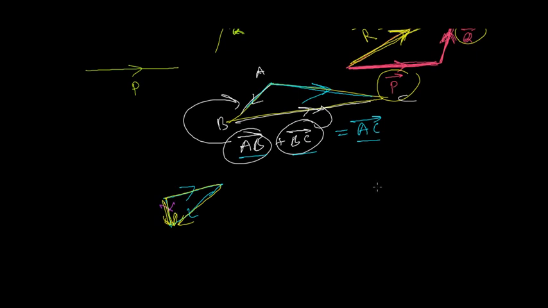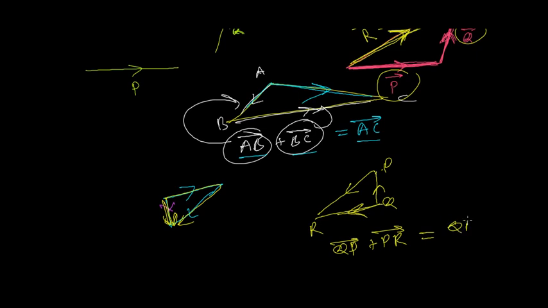Anywhere, let's say this is p, this is q, this is r, and any two sides we take in order: QP plus PR. Then the third side taken in reverse order will be QR.